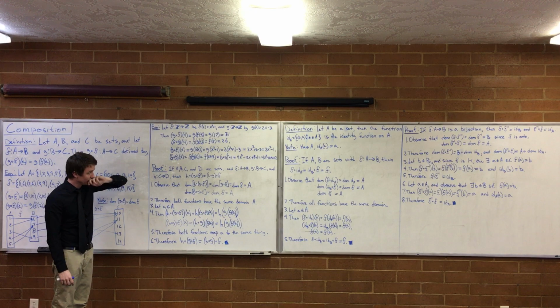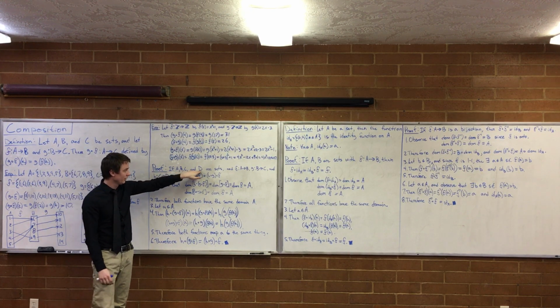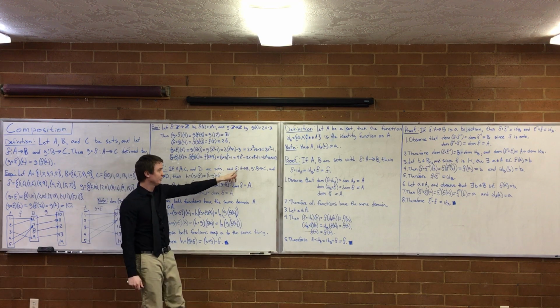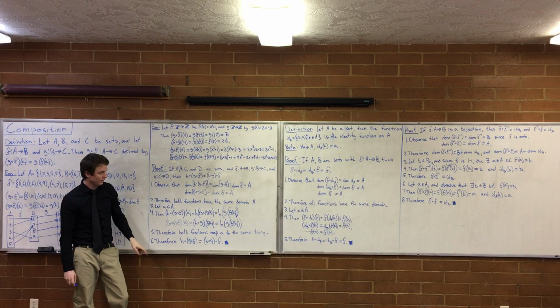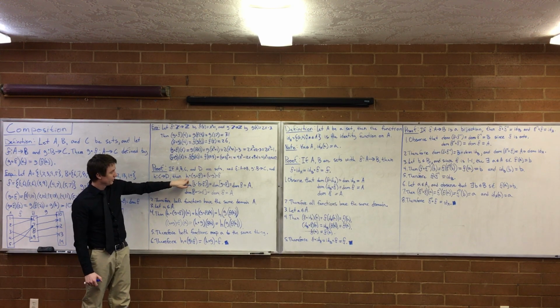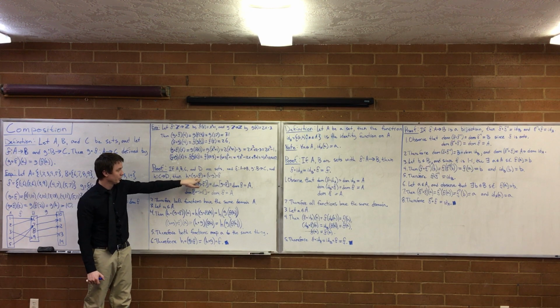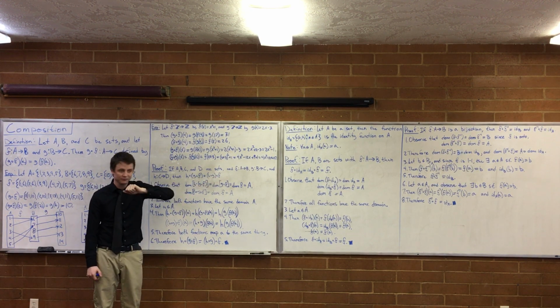Let's continue with another proof. So this time we have 4 sets. If A, B, C and D are sets, and we have f from A to B, g from B to C, and h from C to D, then h composed with g composed with f is the same thing as h composed with g composed with f.